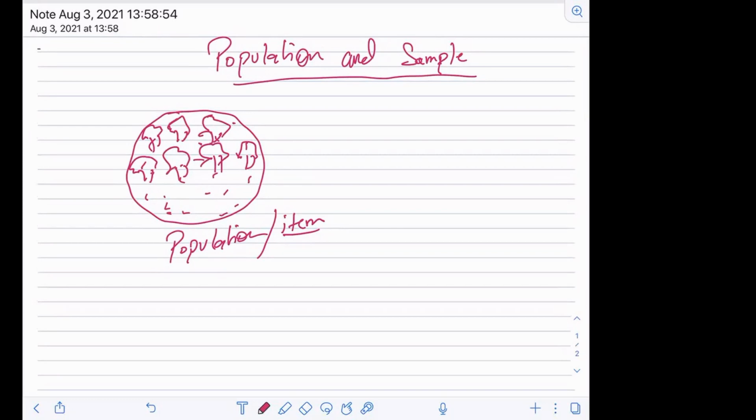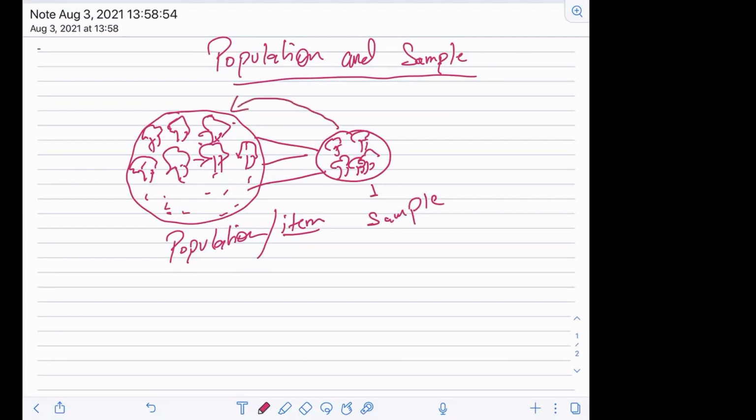So what you do, you take simply a small sample, and that's called the sample. Maybe 600, 700, or whatever number is convenient for you, you are going to collect, and that's called the sample. So that's why I use the word inference, the information that you are deriving from the population.